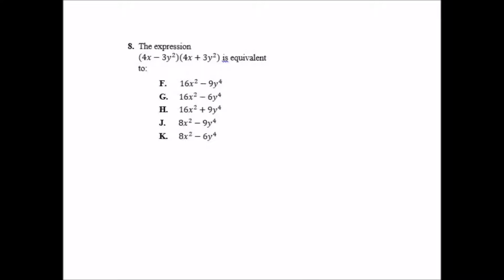Here again we see a problem where we have to simplify in order to find the correct answer to this expression. This is a great opportunity to use the FOIL method. First terms give us 16x squared. The outside terms give us positive 12xy squared.